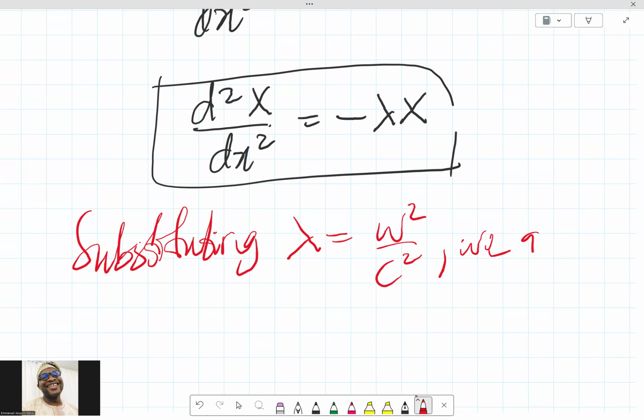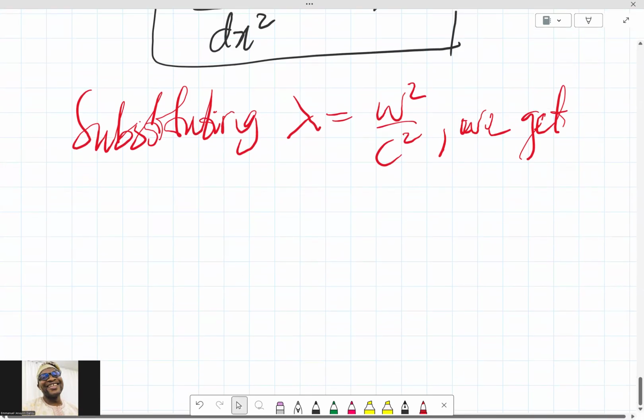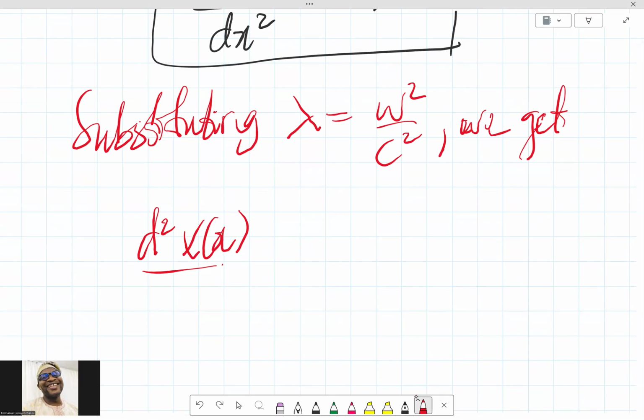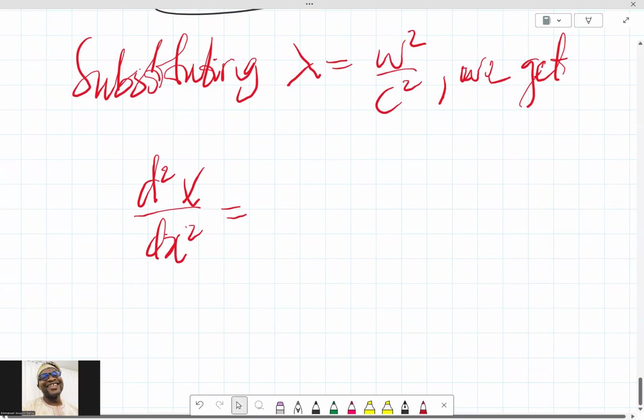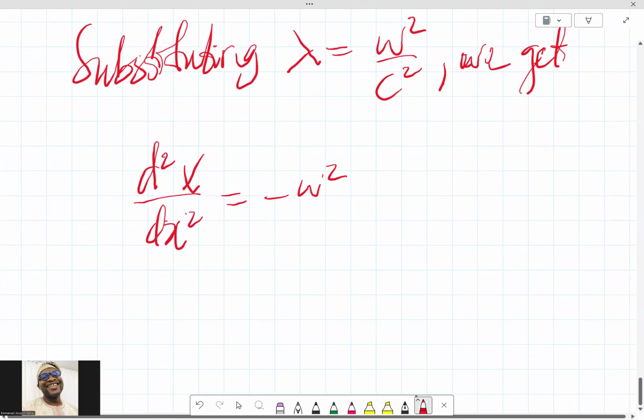You could on your own leave the c squared the way it was and you'll still be fine. It will only make a little variation in your solution, but it's basically the same. So d squared X over dx squared is minus lambda, which is now minus omega squared over c squared times X.